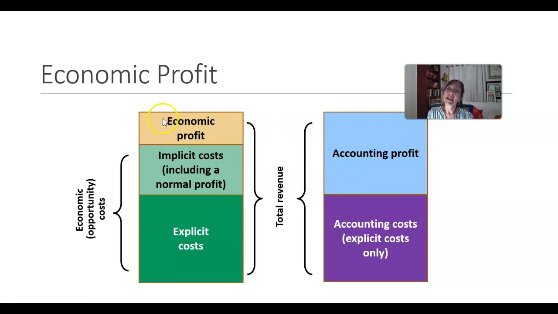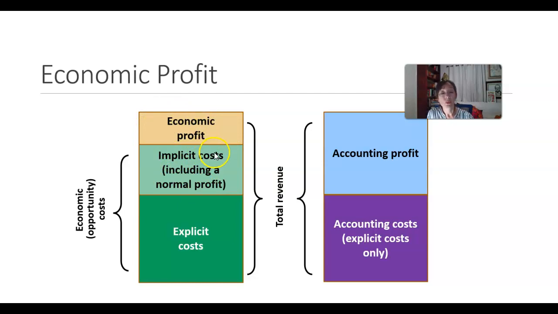But from an economic perspective, economists are going to say, okay, all of this is our total revenue, and we're going to take out our explicit costs. But what about those implied costs? Now note here, implicit costs include a normal profit. So hold that thought. We'll talk about it in a minute. Explicit cost minus implicit cost give us economic profit.